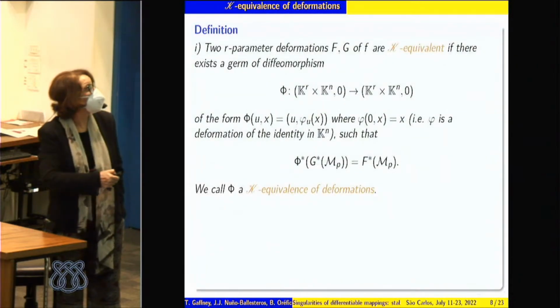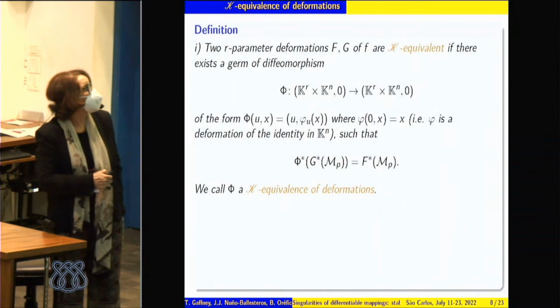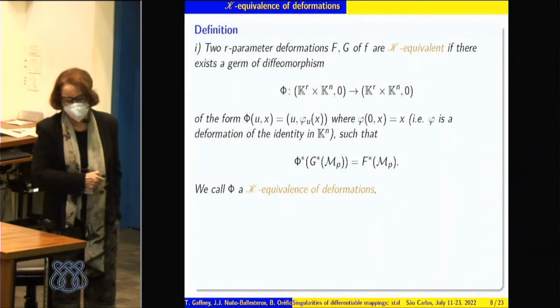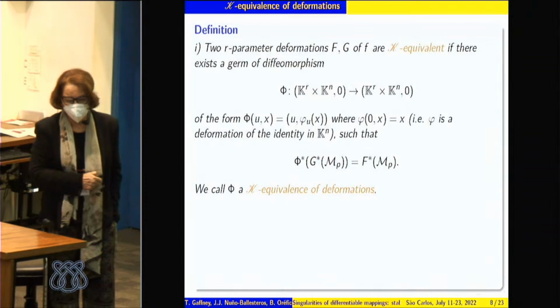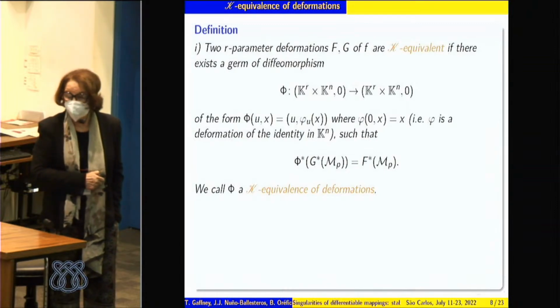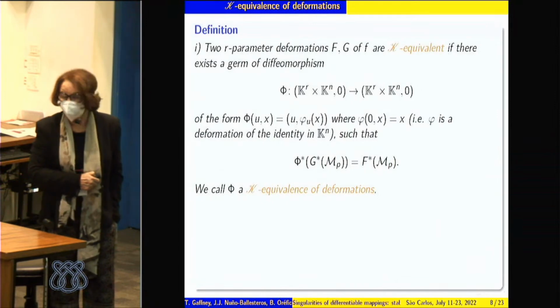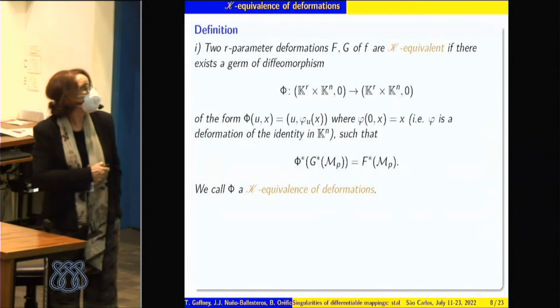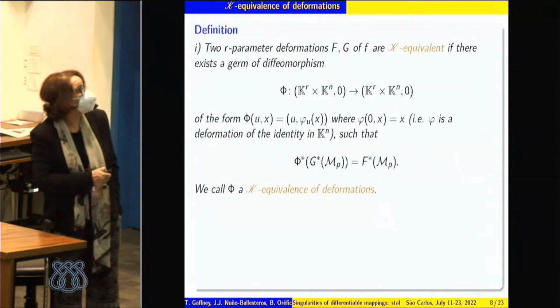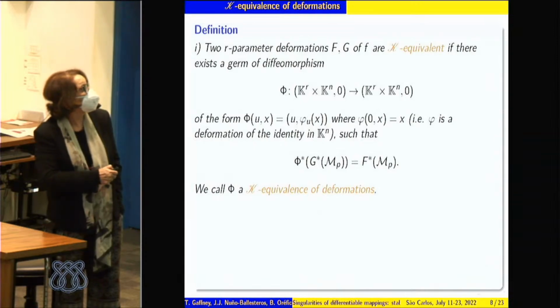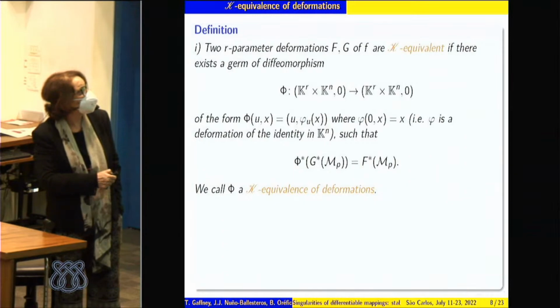So just to go back to the definitions we had seen in the case of the finite model, to see what we have here. Two r-parameter deformations, F and G, are K-equivalent if there exists a germ of diffeomorphism phi in the source, but phi has to be an unfolding of the identity. In other words, phi is a diffeomorphism that preserves parameters, so phi(0, x) is x, such that this condition holds.